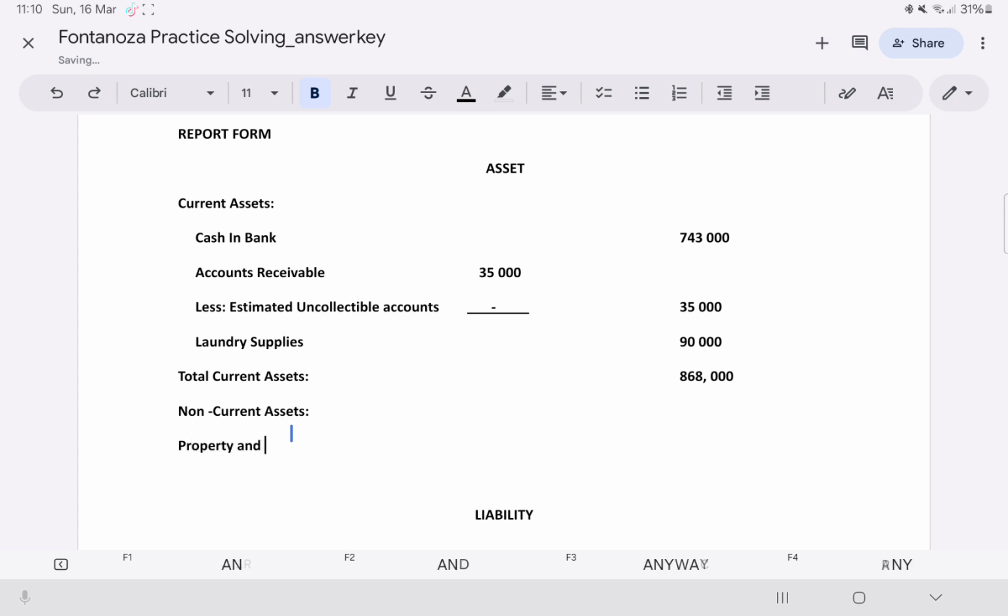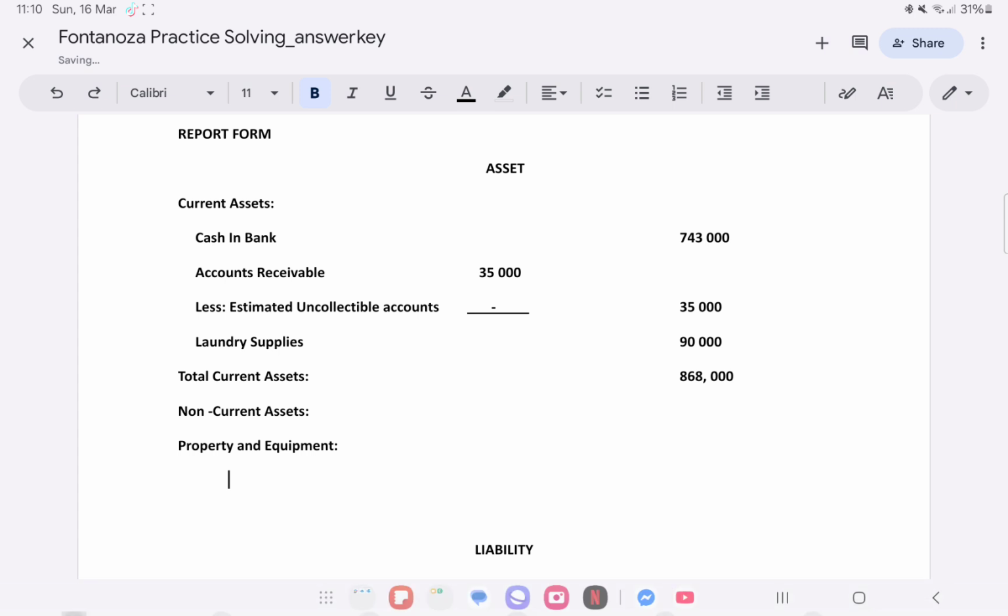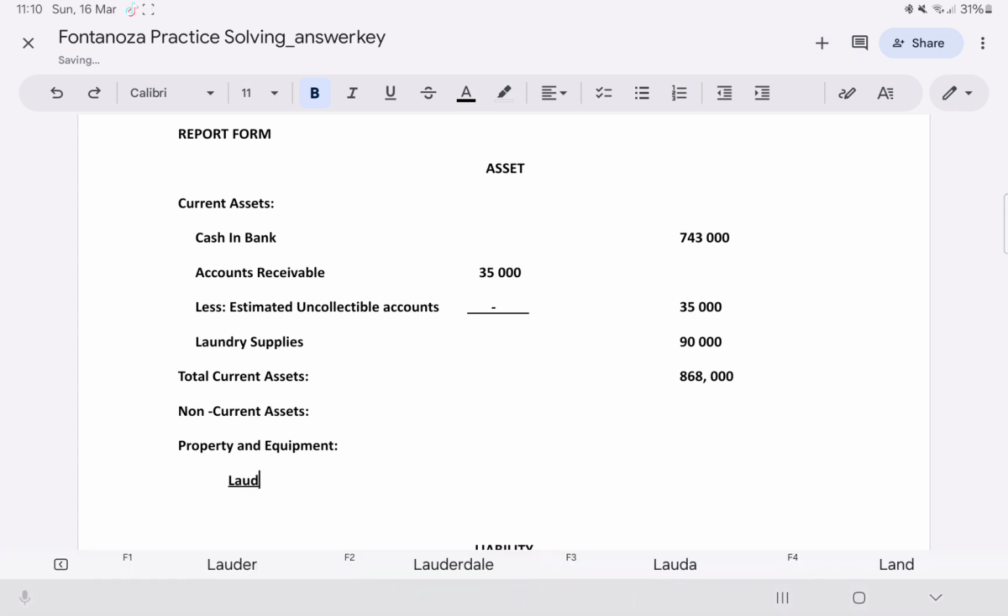Under property and equipment, we have laundry equipment amounting to 150,000.